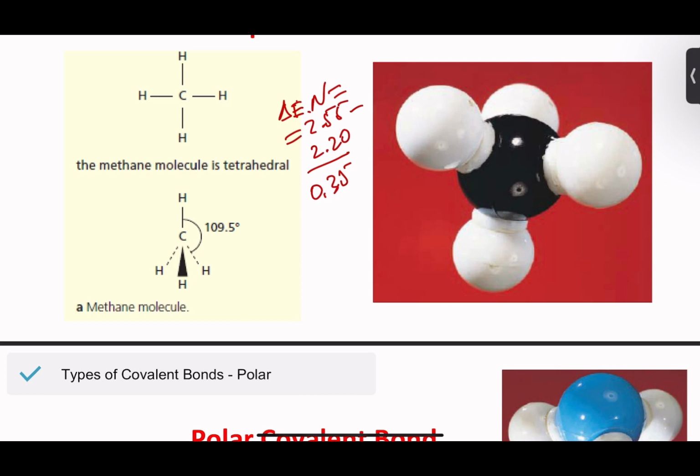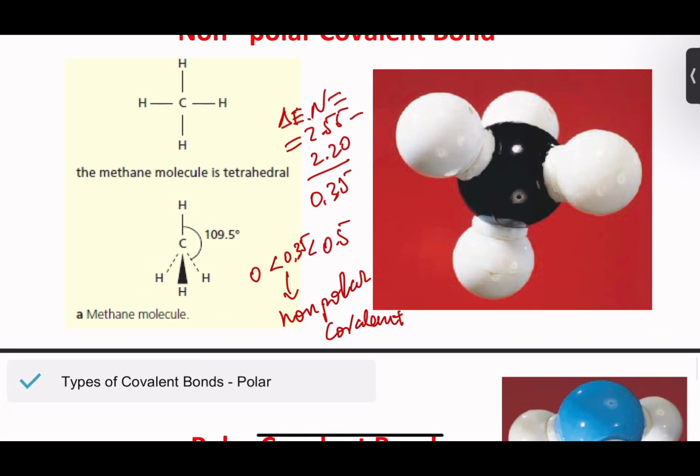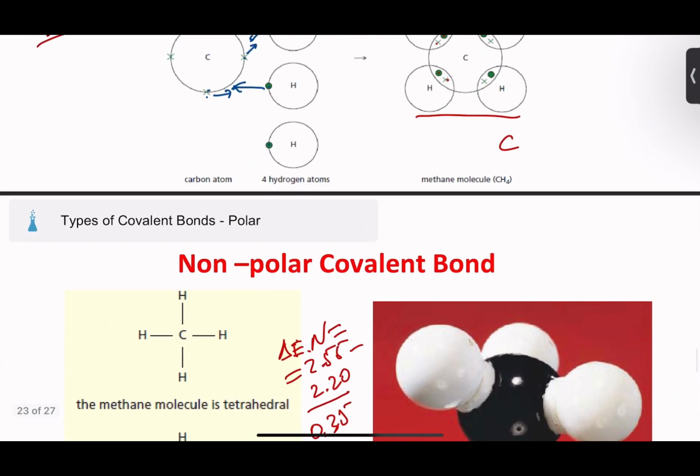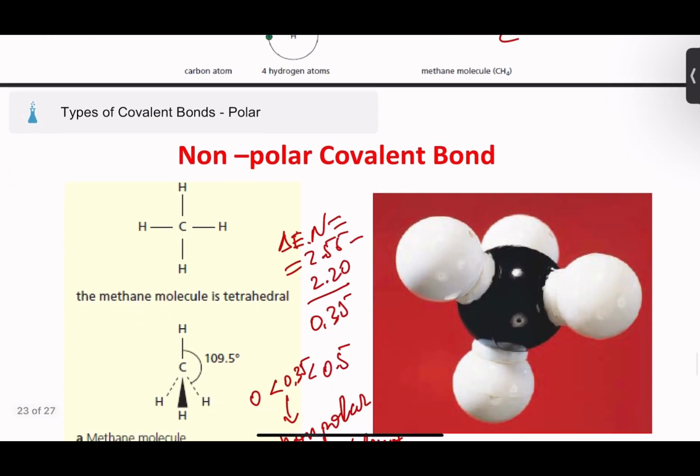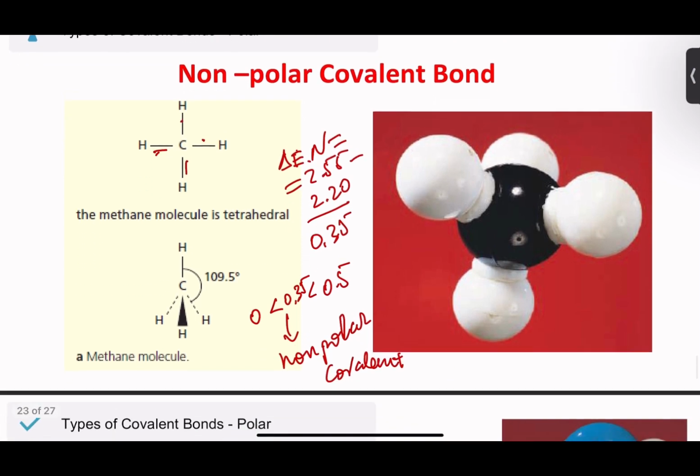Because it is less than 0.5, this is non-polar covalent. Okay, non-polar covalent. And I told you that each pair of electrons is one bond. So that's why I have here 1, 2, 3, 4 bonds. Okay, 4 bonds in methane.